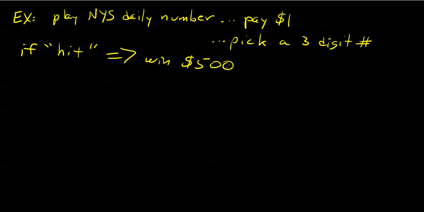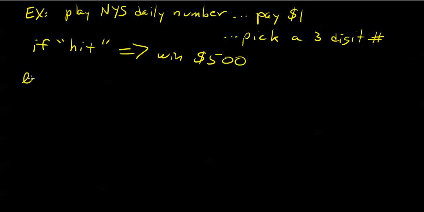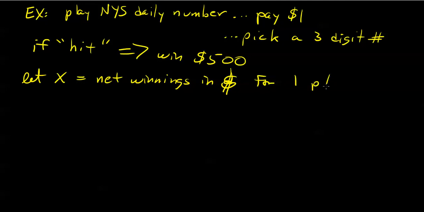What I'm going to do is construct a probability distribution and then compute the expected value for this probability distribution. I'm going to say let x equal the net winnings in dollars for one play of this game. Okay? Let me write this down.